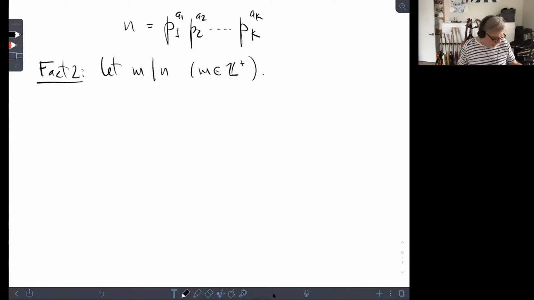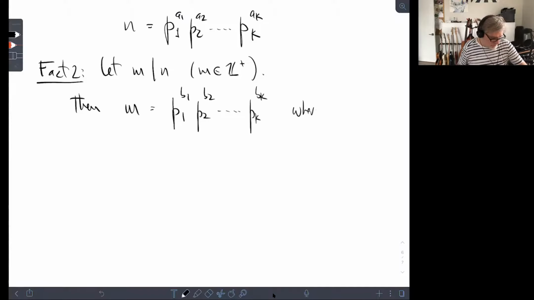Okay, so that's what I'm going to write. Then M is equal to P1 to the B1, P2 to the B2, Pk to the Bk. Now, this looks like the unique factorization, but it's not. It's not a cheat, but to make things simpler, I'm allowing something here. Is every one of these primes actually appearing there?